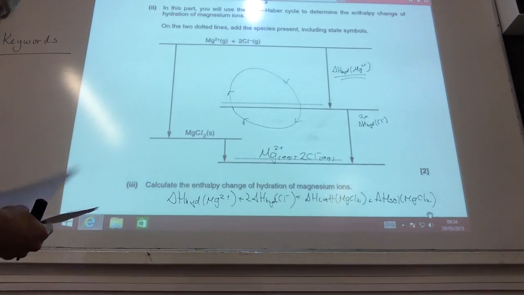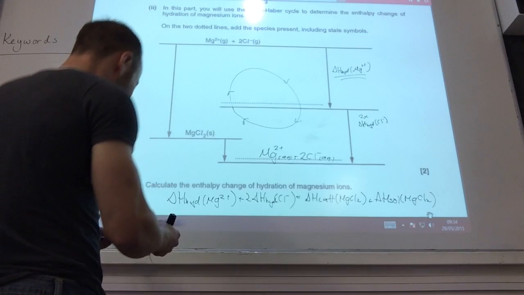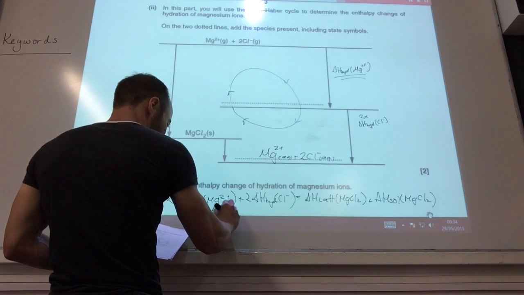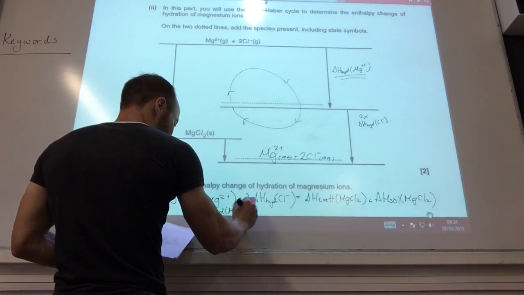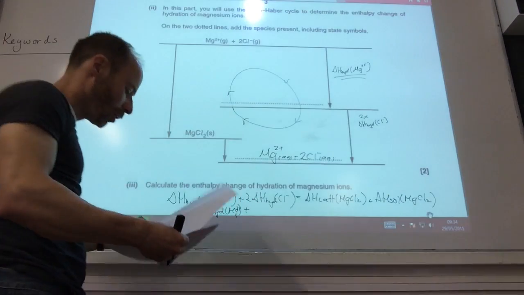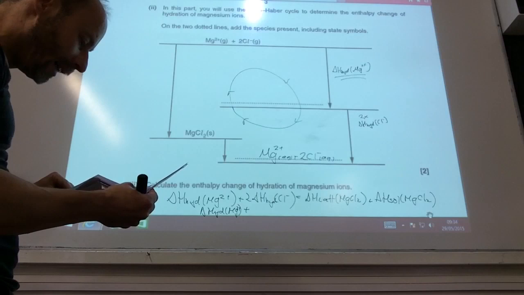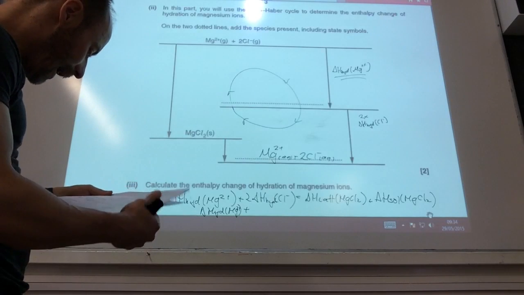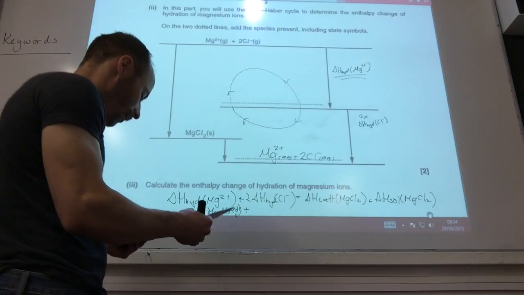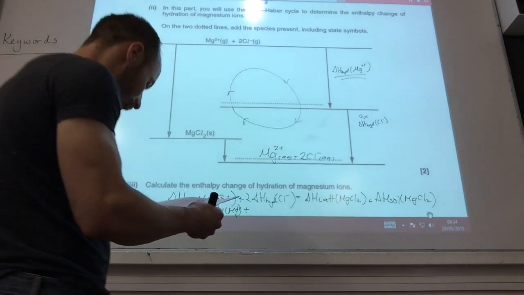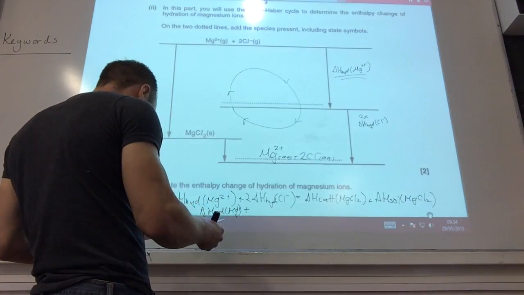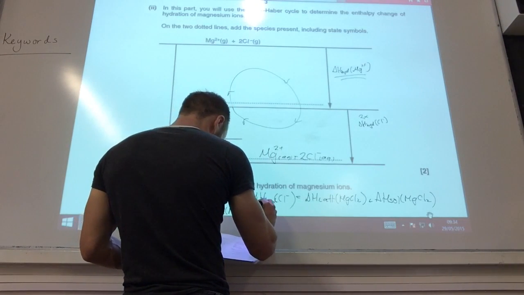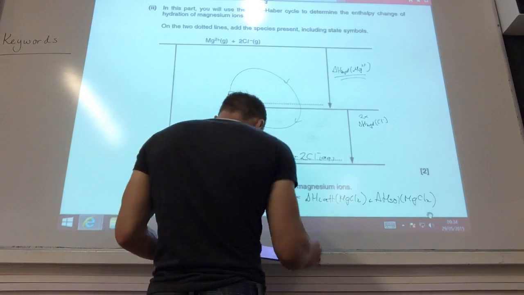So let's bung some of those numbers in. Delta H hydration, that's what we want to find, plus 2 times chloride. Chloride, they told me, is minus 633, which I obviously need to times by 2, and that's going to be minus, therefore, 1266.